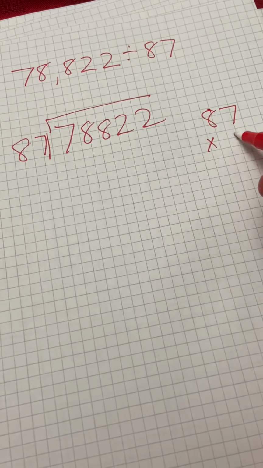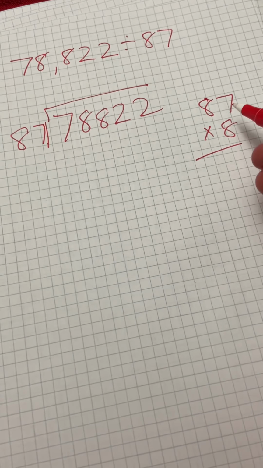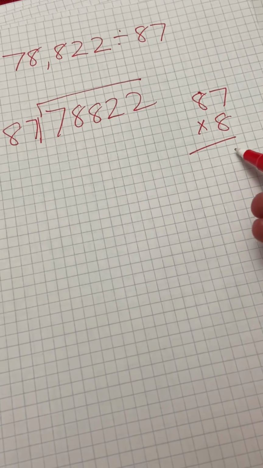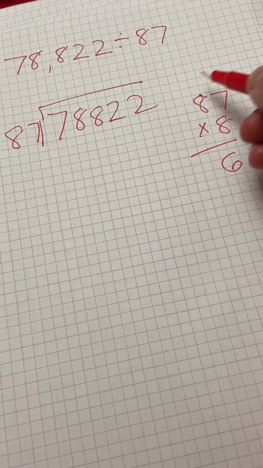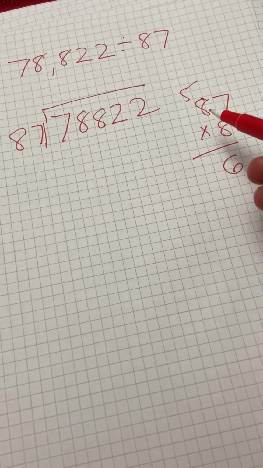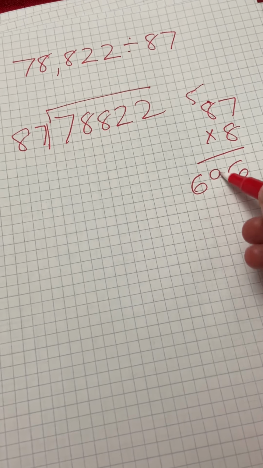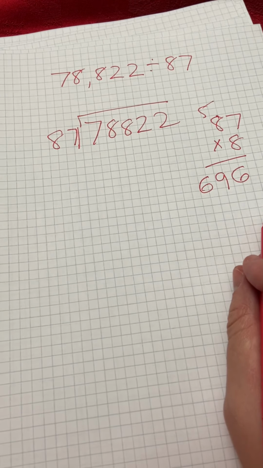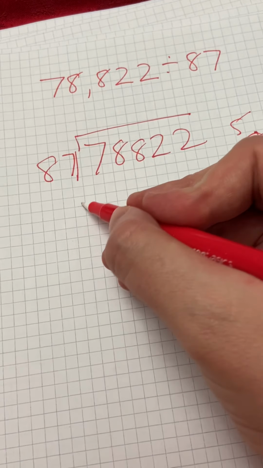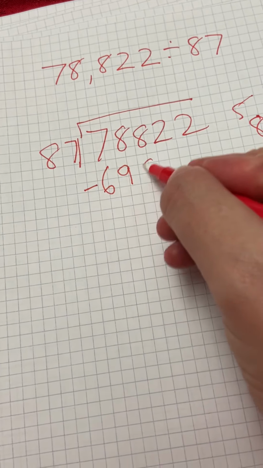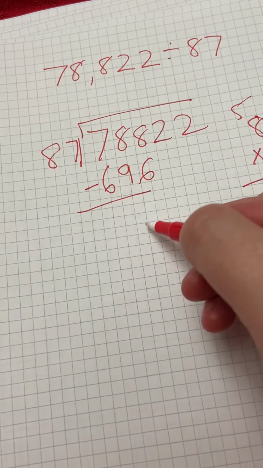87 times 8. 7 times 8 is 56. Carry. 8 times 8 is 64, plus 5, 69. I have 696. So what happens when I subtract this? 8 minus 6 is 2.